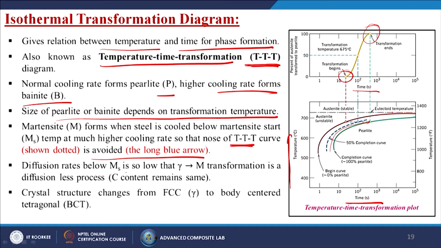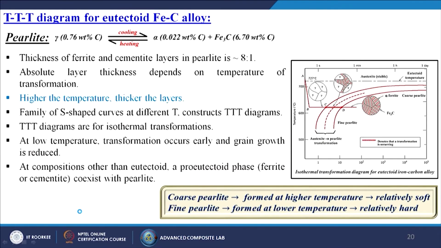Diffusion rate below Ms is so low that gamma to martensite transformation is a diffusionless process. C content remains the same, meaning the carbon content is not changed. Crystal structure changes from FCC gamma to body centered tetragonal, or BCT, structure.